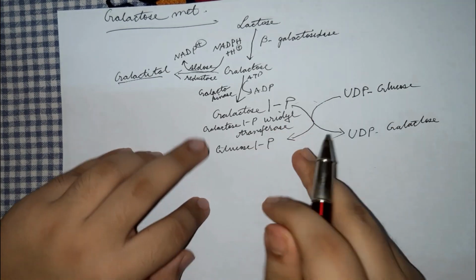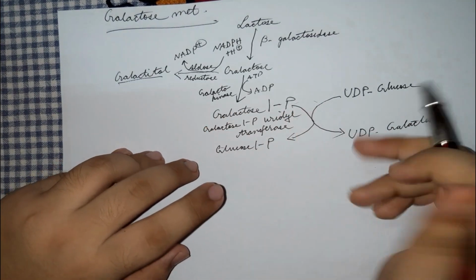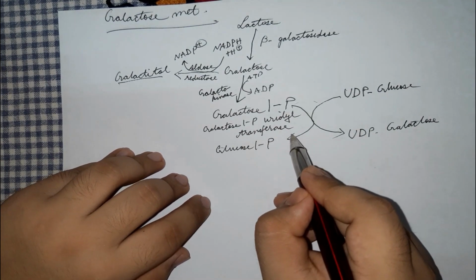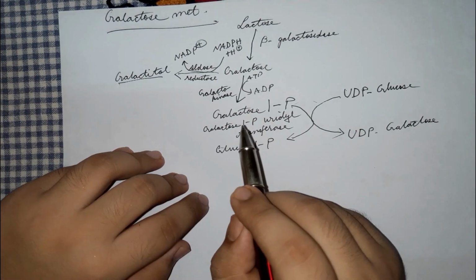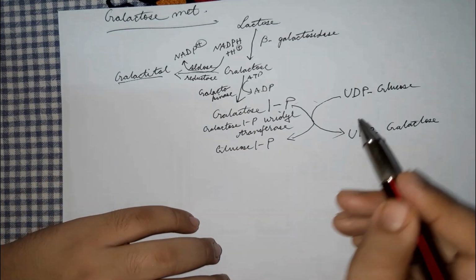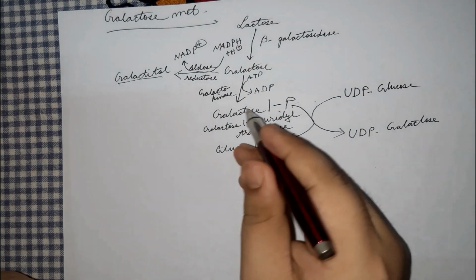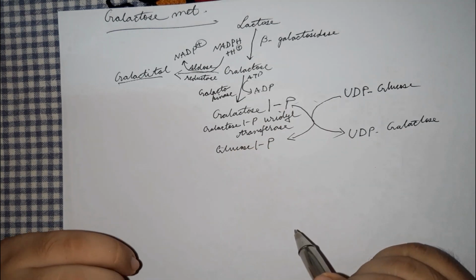Transferase. This is the name of the enzyme here, and it will convert UDP glucose into UDP galactose, and galactose 1-phosphate into glucose 1-phosphate.